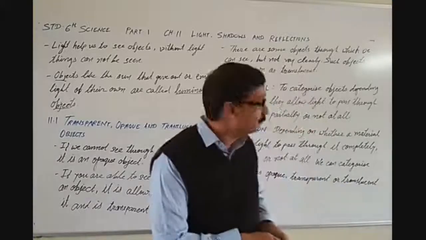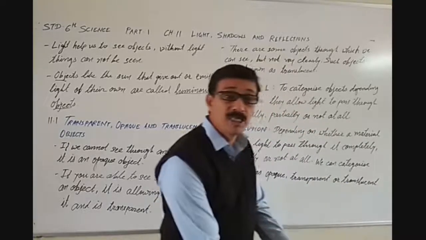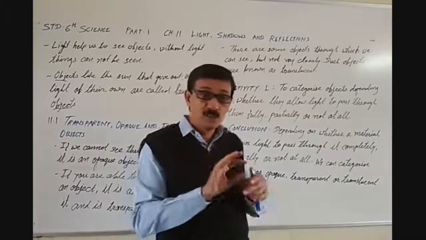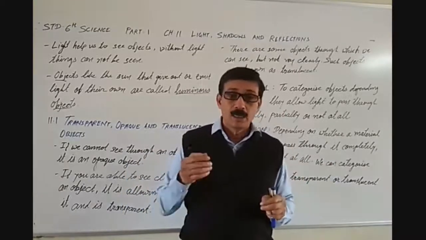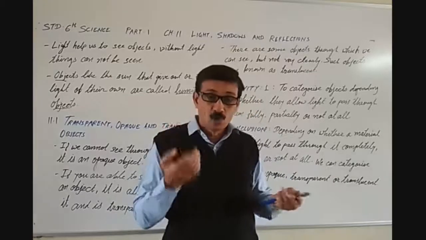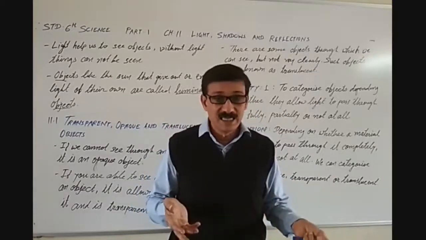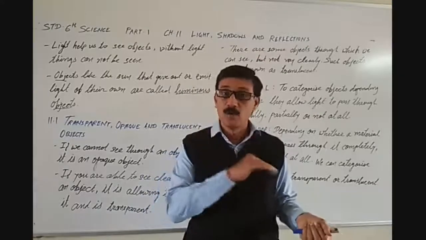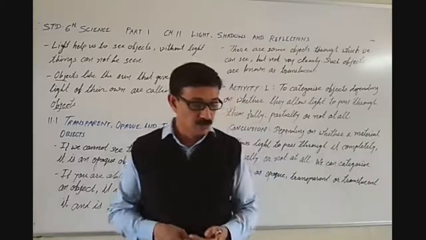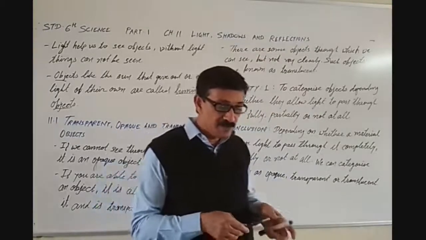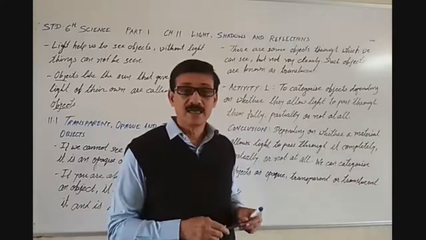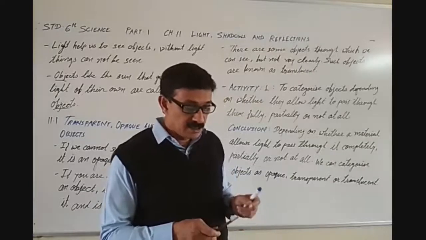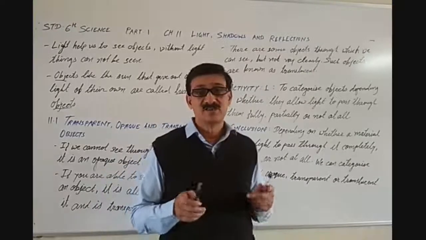One thing we come to know: opaque objects are those through which light cannot pass. And glass, through which light can pass very easily, is transparent. Now one more thing. Look into your textbook.